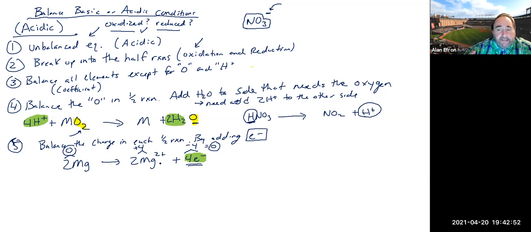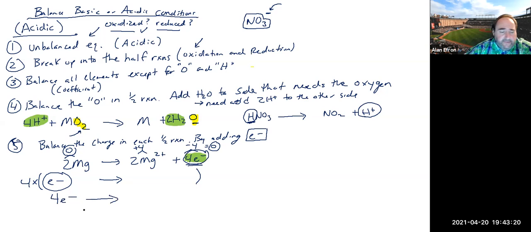Now that we have done this again in both half reactions, we will have the electrons added to one side of the arrow, and the other half reaction will have electrons added to the other side of the arrow, right? Because they always should be on opposite sides, never the same side. We want to make sure that we have the same number of electrons on each side. So again, may require you to multiply or not.